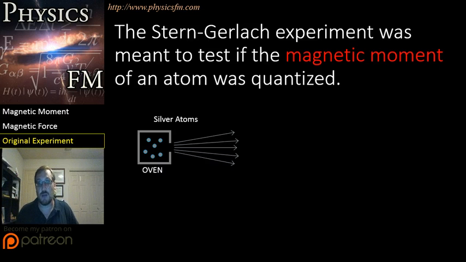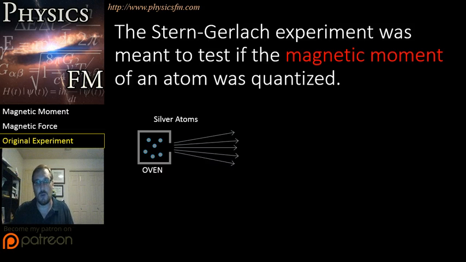They're ejecting silver atoms from this oven, atom by atom, right? And they run off with a random velocity, a random momentum in all sorts of different directions. They also have a random magnetic moment, so everything's randomized about them. There's no reason why they'd have a magnetic moment in one direction or another, or a velocity in one direction or another.